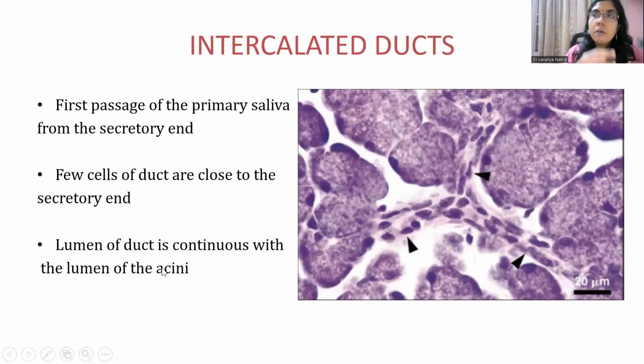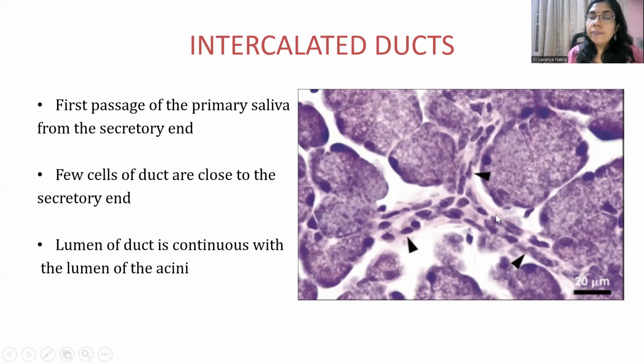So the lumens get connected from either serous or mucous acini with the intercalated duct. In this hematoxylin and eosin stained section, the black arrows point towards the intercalated duct, and those rounded ones are your acini.